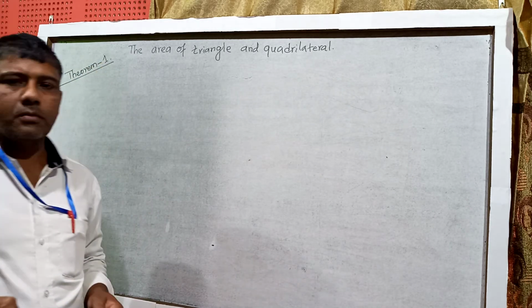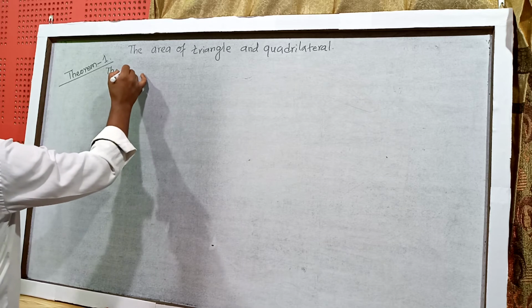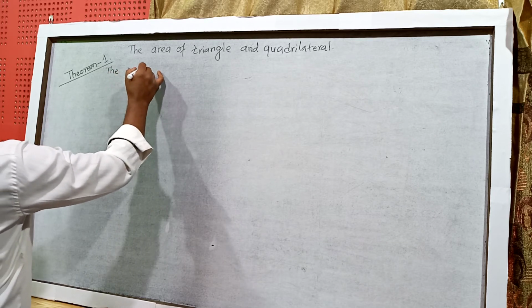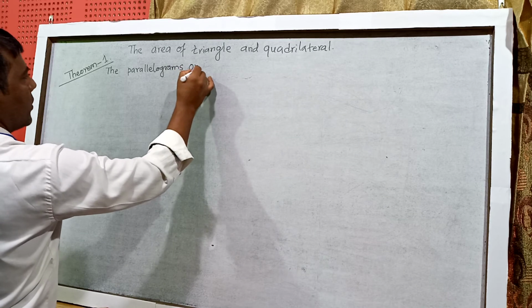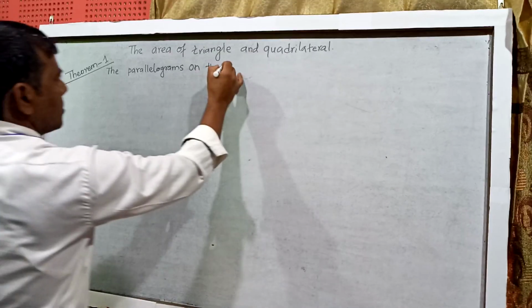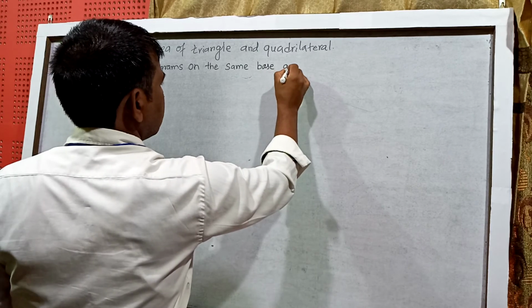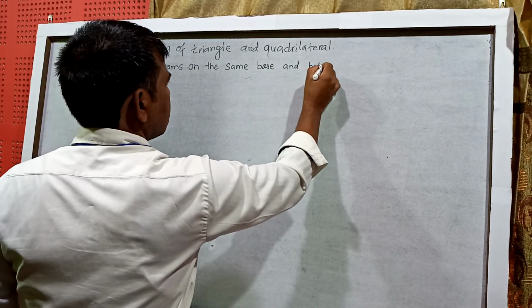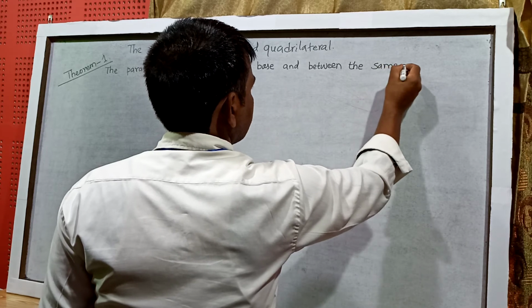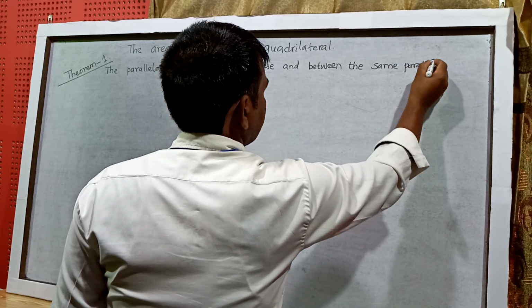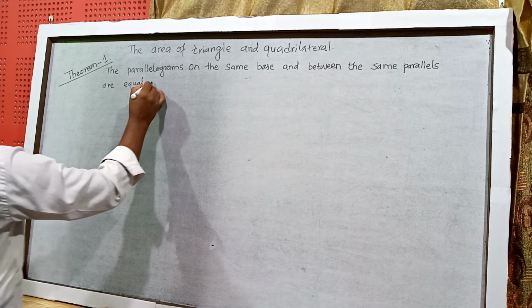The statement of theorem 1 says that parallelograms on the same base and between the same parallels are equal in area.